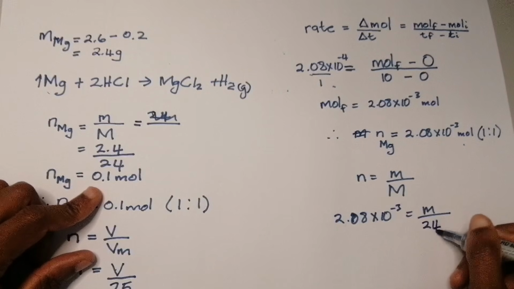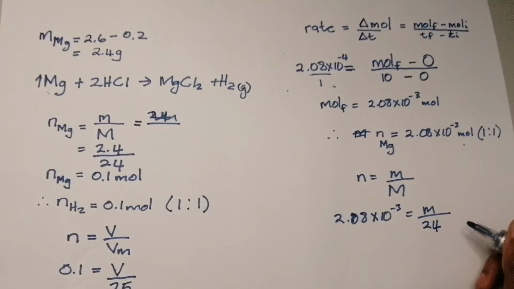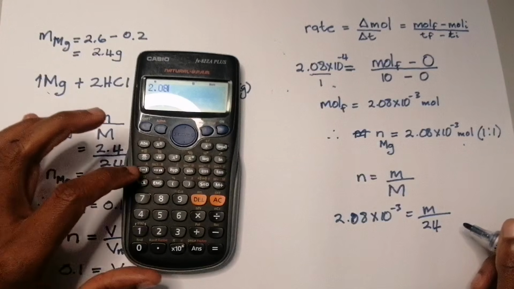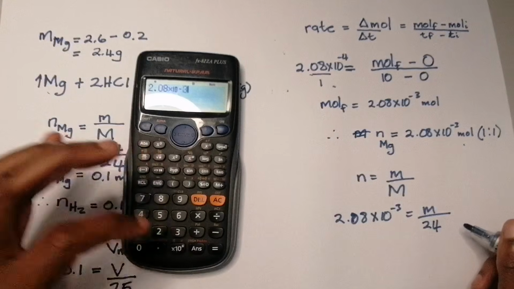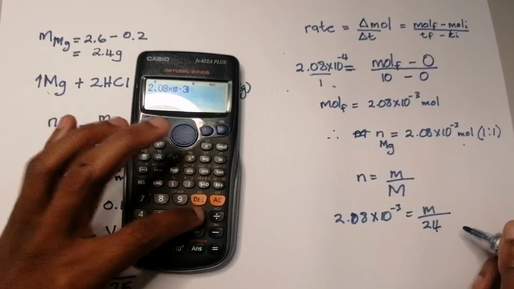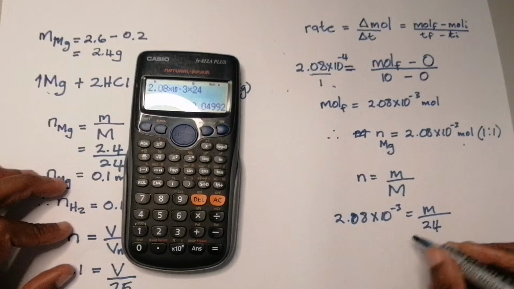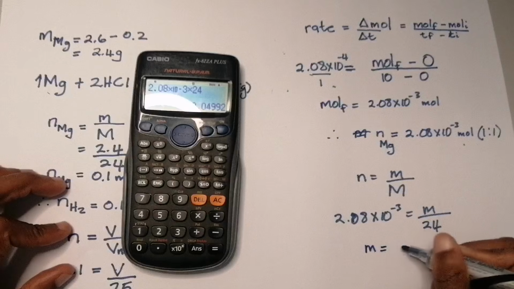The molar mass of magnesium is 24, so I'm simply going to say 2.08 exponent minus 3 multiplied by 24.